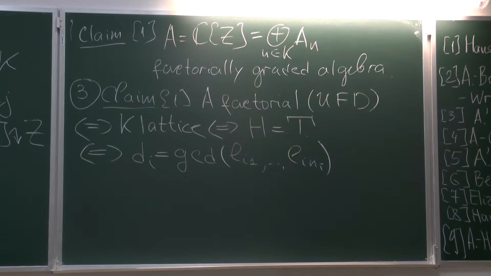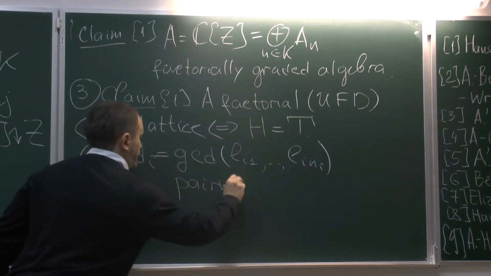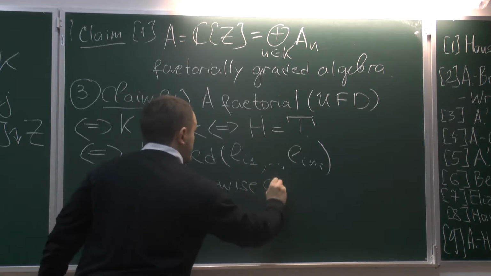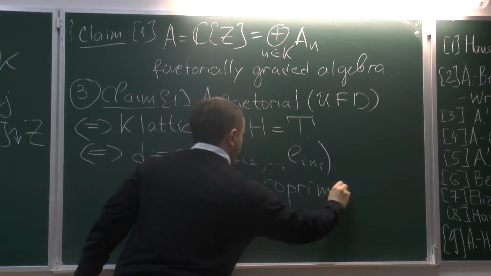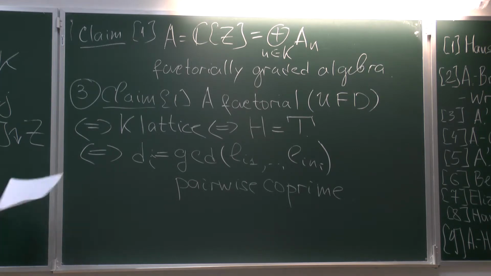This is just a definition, and the condition is that these numbers should be pairwise coprime. So, this gives some class of unique factorization domains; we have many variants to put these exponents in such a way that this is factorial.